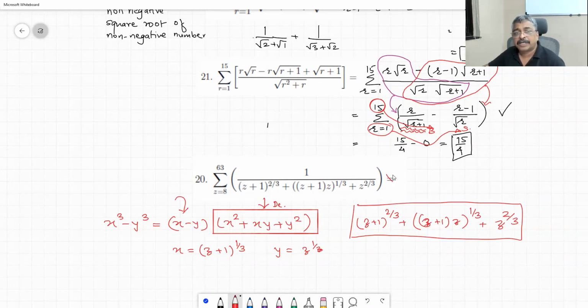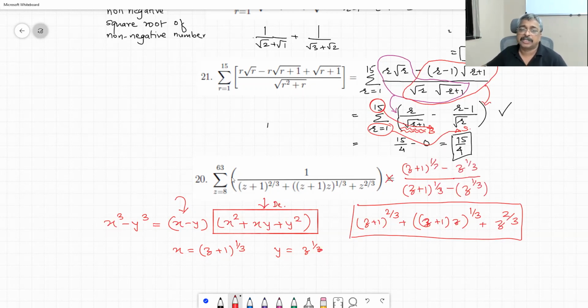Therefore, multiplying the given expression by x minus y, that is z plus 1 raised to 1 by 3 minus z raised to 1 by 3, in numerator and denominator.